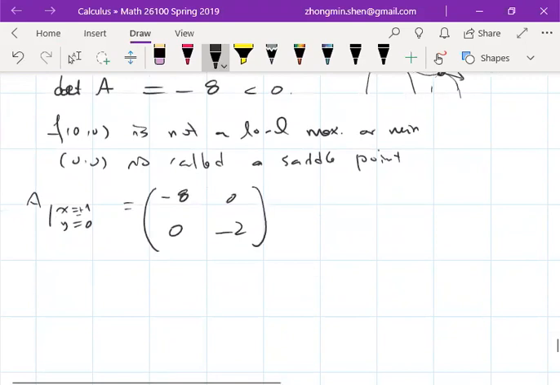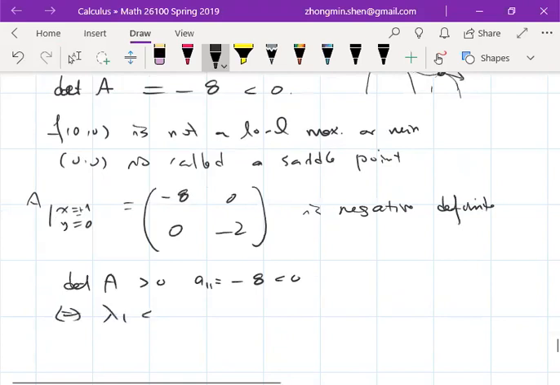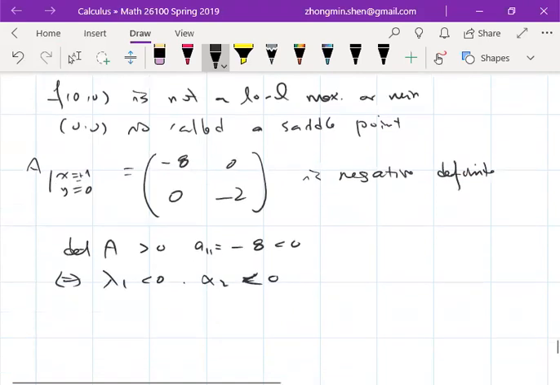If you look at this matrix, clearly it's negative definite. The determinant of A is positive, but the first entry, negative 8, is negative. That is equivalent to saying lambda 1 is negative and lambda 2 is negative. Actually, the two eigenvalues are clearly negative 8 and negative 2, because it's a diagonal matrix, in the simplest form.